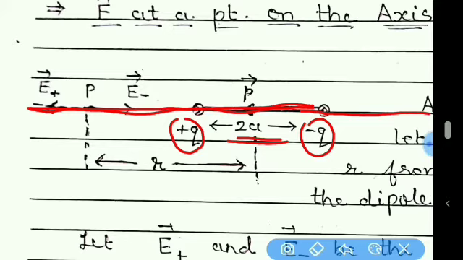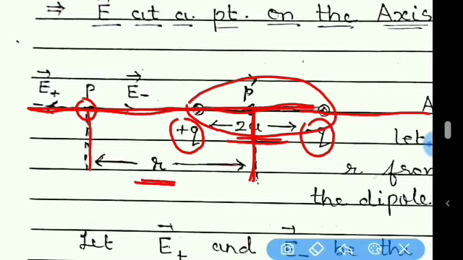So here we have taken a point P, which is at a distance r from the center of the dipole. You can see this is the dipole, and here we have taken a point P at distance r from the center of the dipole.